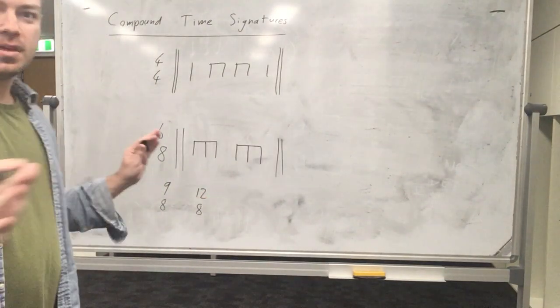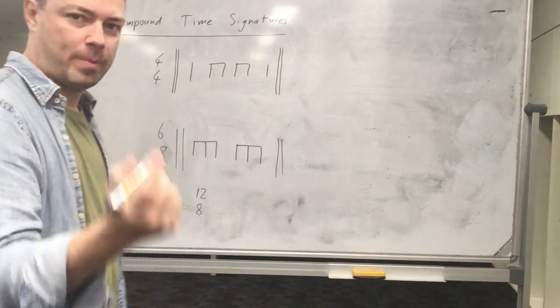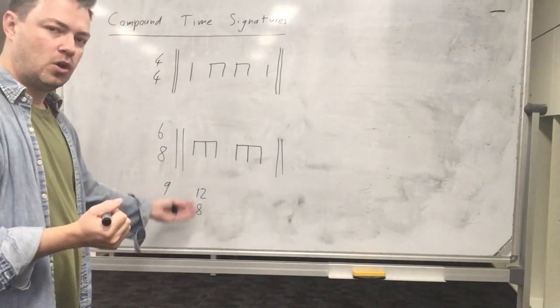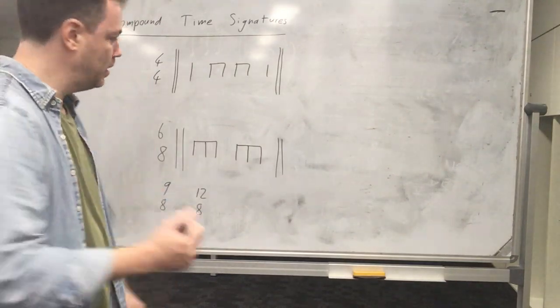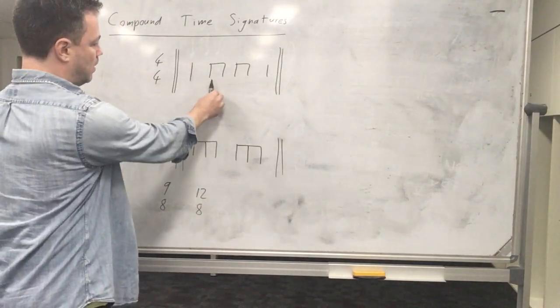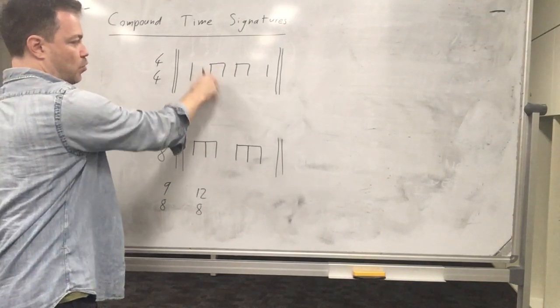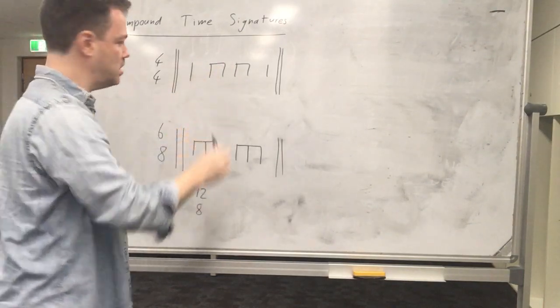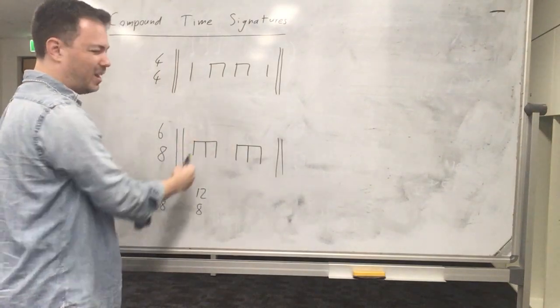The number one thing to take away from this video is that when you have compound time signatures like these, quavers are grouped in 3. You can see that in 4/4 the quavers are in a group of 2, which is a very common thing, and you have a group of 3 quavers in 6/8.